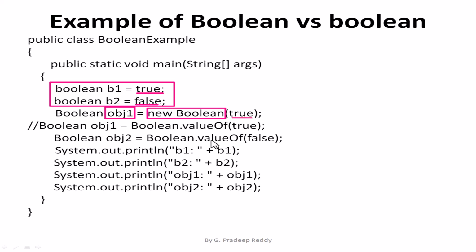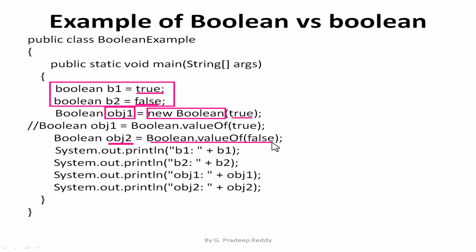Boolean means either true or false. Then we have created object 2 and declared Boolean.valueOf(false). So object 2 is going to hold the value false.